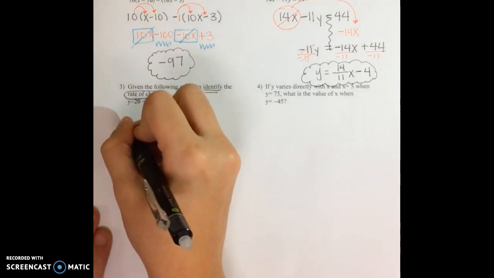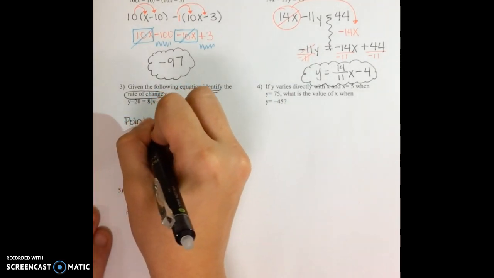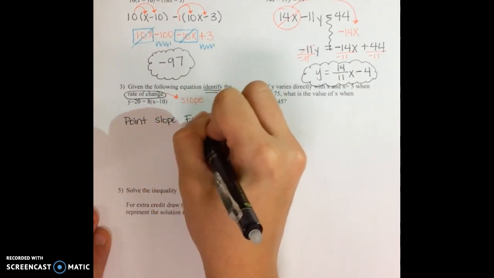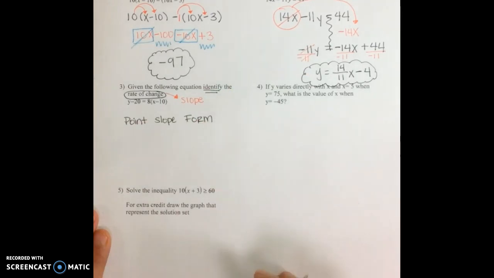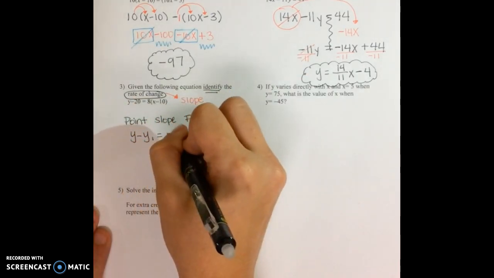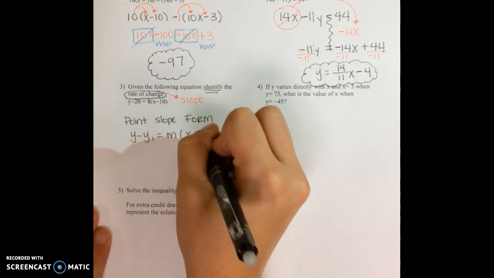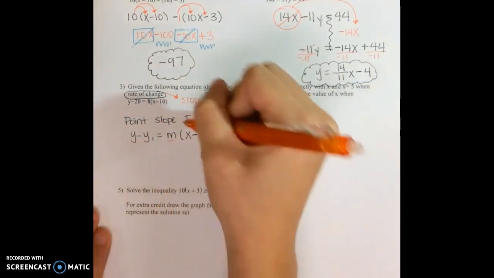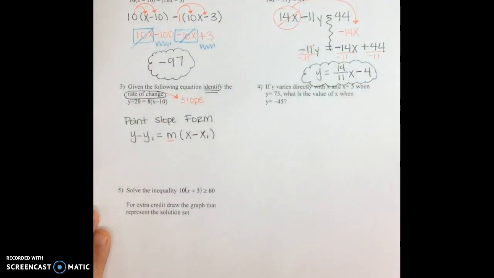This equation is in point slope form. So it's y minus y1 equals m(x minus x1). Out of all of these letters, the slope is the m, and you find it right next to the parentheses.